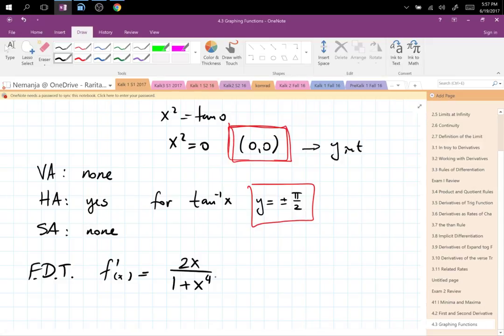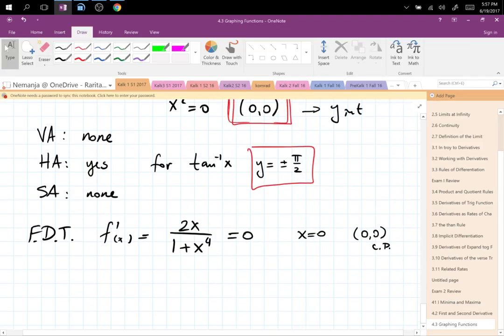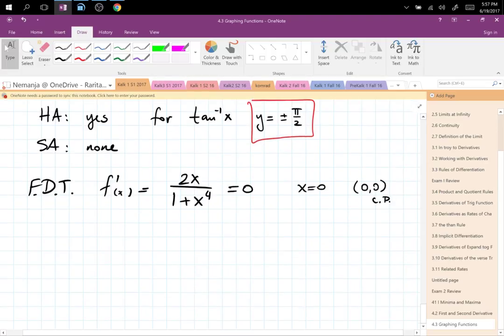And when you set that equal to 0, what you get is x equal to 0, which gives you (0, 0) as the critical point. So now when we do partitioning from negative infinity to positive infinity, we have 0, and we pick two values, negative 1 and positive 1, let's say.